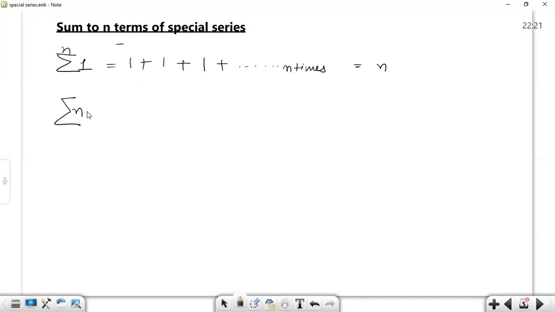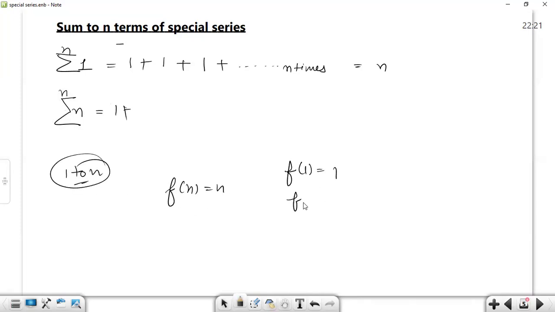If there is a function n, let's say f of n is n. Now we find f of 1, which is 1, for f of 2 it becomes 2, for f of 3 it becomes 3, and similarly up to n, because we are going from n equals 1 to n.